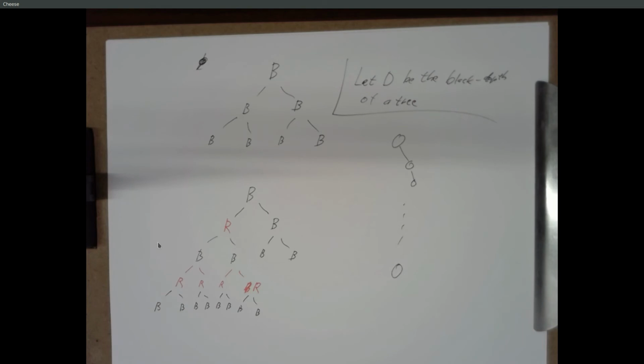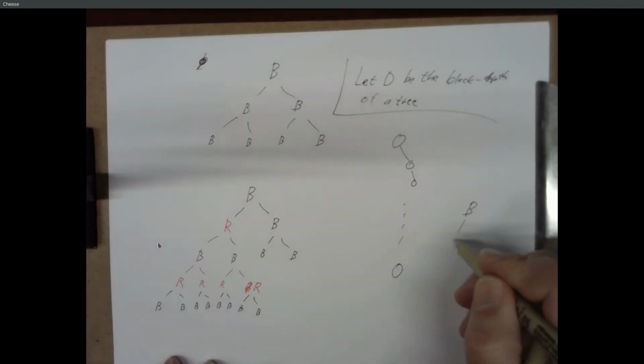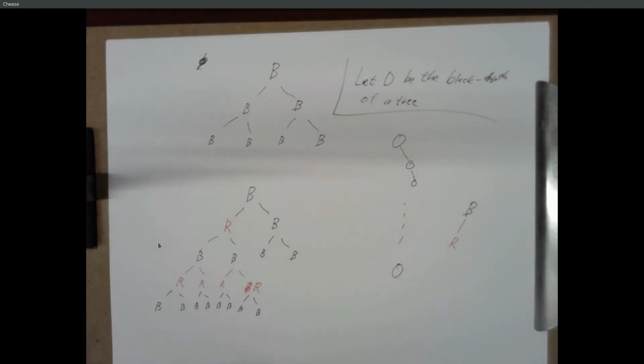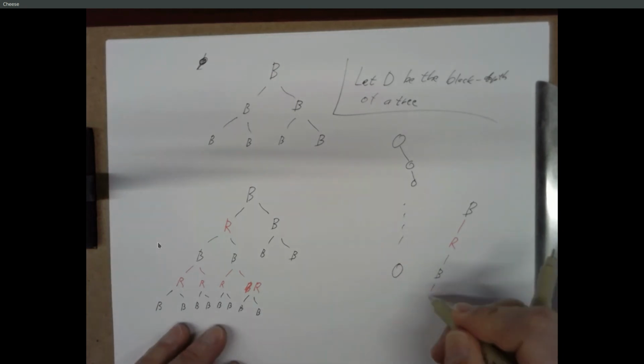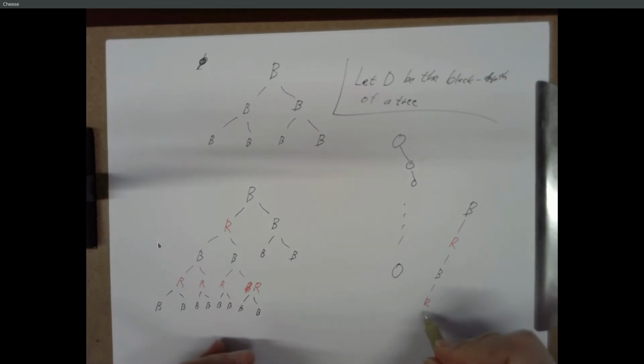Okay, what's the longest possible path? 2D. Yeah, so that's where we alternate. We can have a root, and since the root is black, it's perfectly fine if that has a red child. But once we have a red node, it's got to have a black child. But then that can have a red child, but that's got to have a black. And so on.